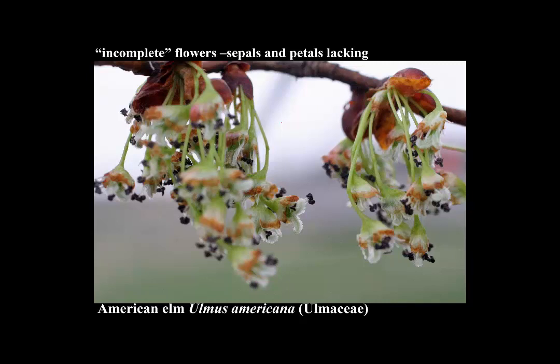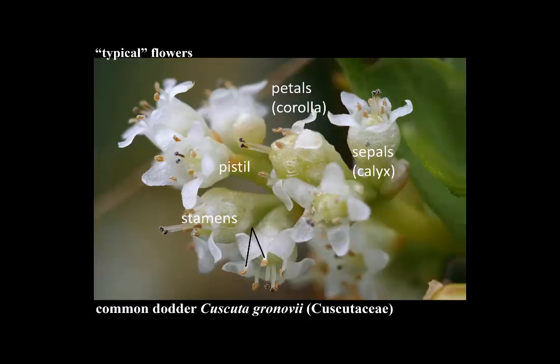And here's an example of a so-called incomplete flower. It's an elm, and sexually they have both parts. They have a pistil, and this is a big expanded, kind of puffy stigma, and they have stamens.